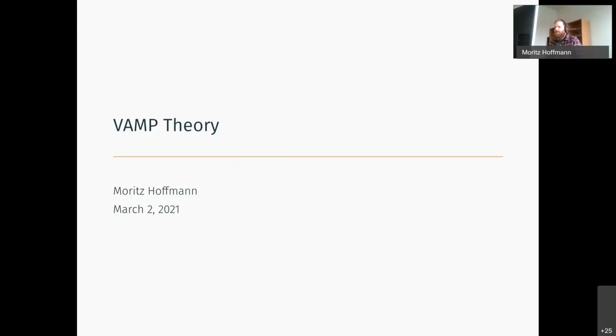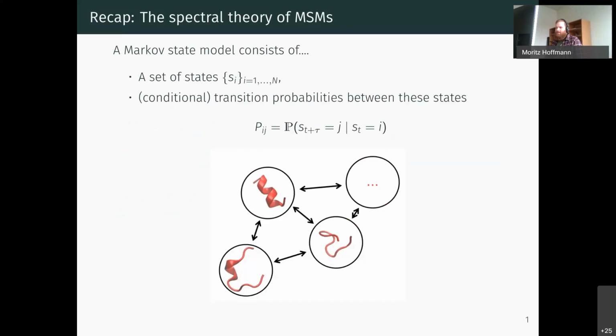Some of the figures here are thanks to Fabian Paul, a former colleague of ours, so credits go to him as well. And first, let's re-establish how a Markov state model works, because this is all somehow related.